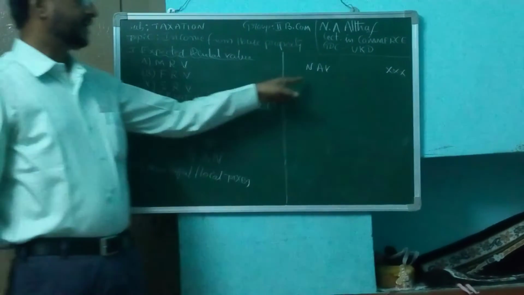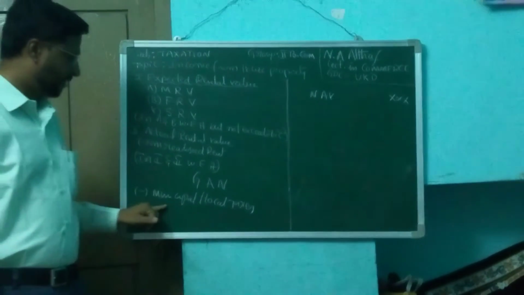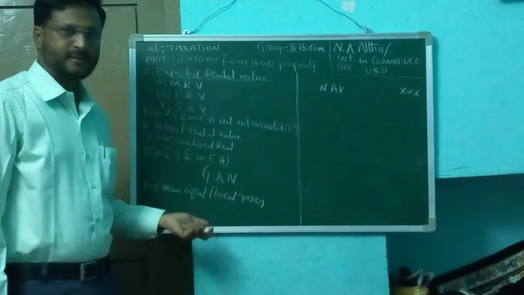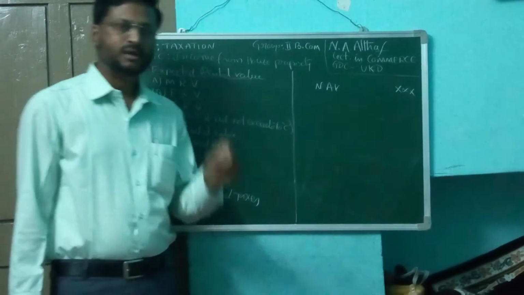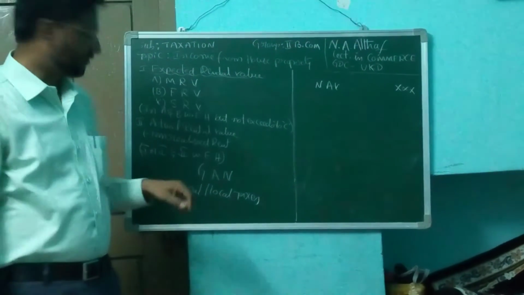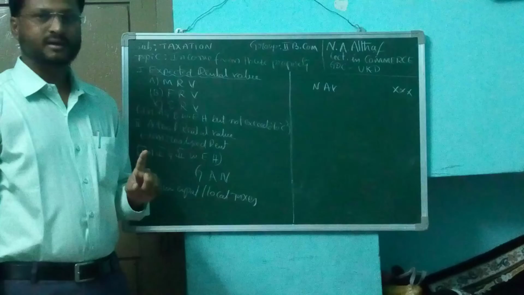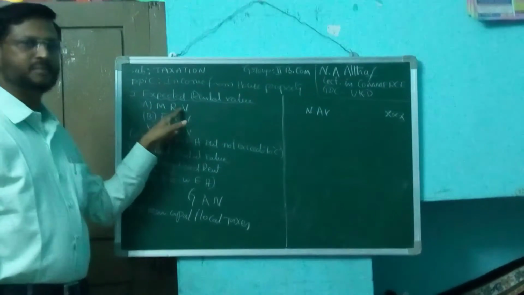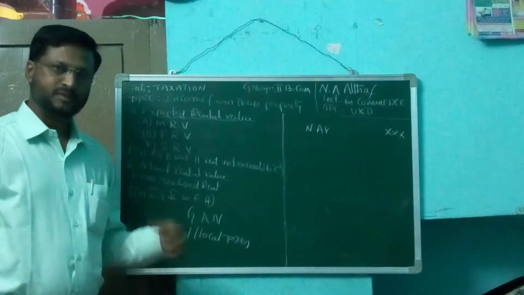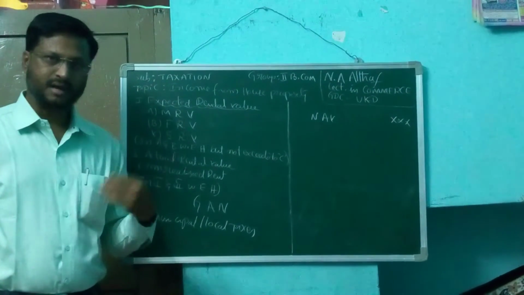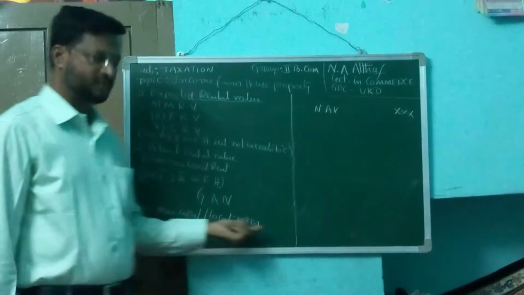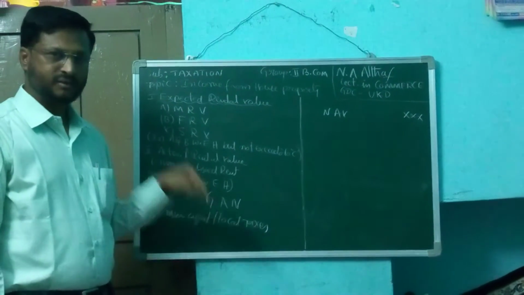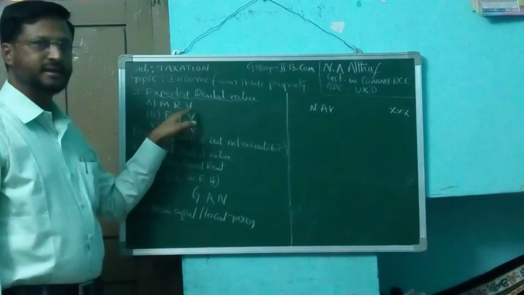Sometimes in the problem the municipal taxes are not given as an amount but as a percentage. Such municipal taxes should be calculated on municipal rental value. If an amount is given, it is no problem, we directly deduct it from the gross annual value. If a percentage is given, we calculate the percentage on municipal rental value.